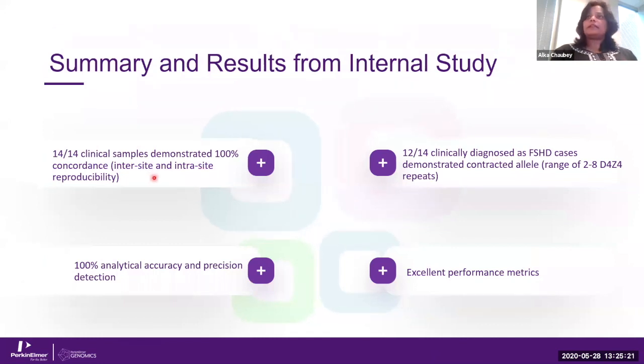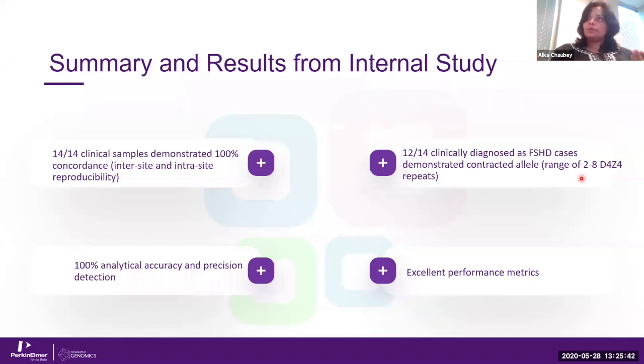And we performed this study at 2 sites, one in the PerkinElmer Genomics lab in Pittsburgh and one in San Diego. Also, 12 out of the 14 clinically diagnosed FSHD patients demonstrated the contracted allele between the ranges of 2 to 8. Remember, I said it has to be between 1 to 10.